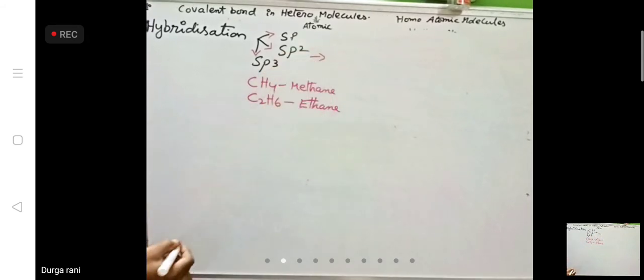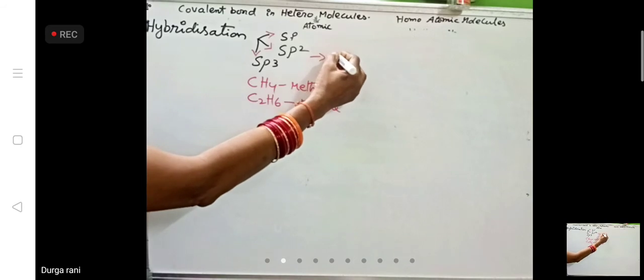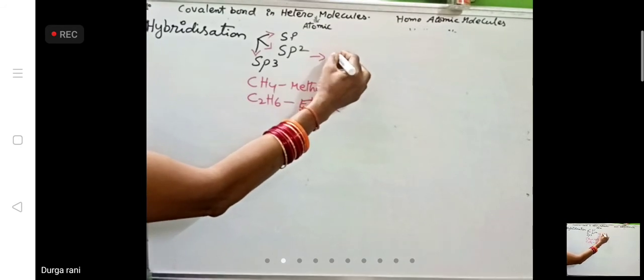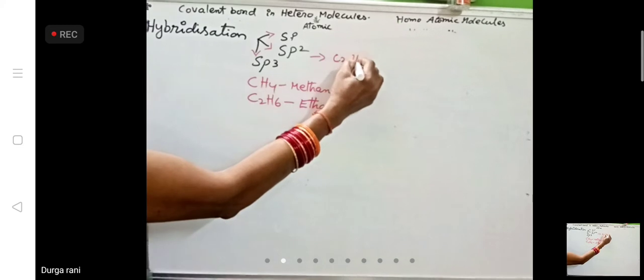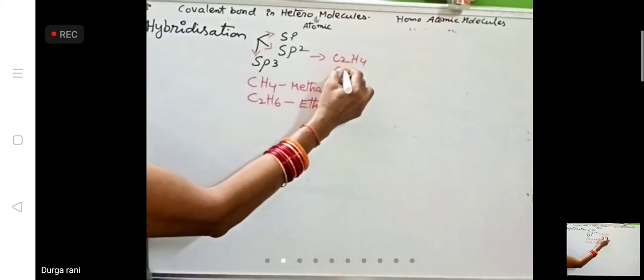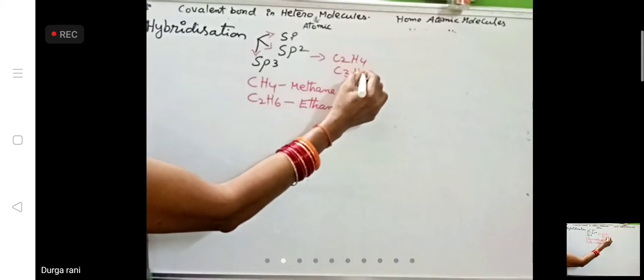For sp2 hybridization, we are able to find the ethene molecule C2H4 and C3H6.